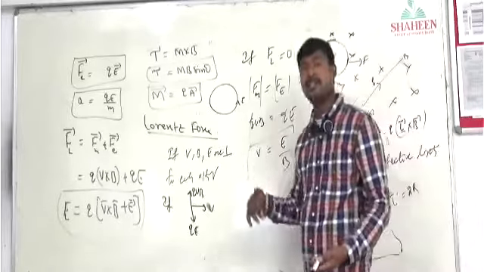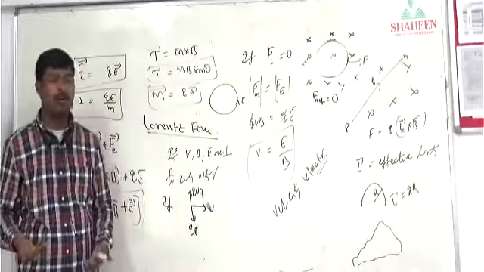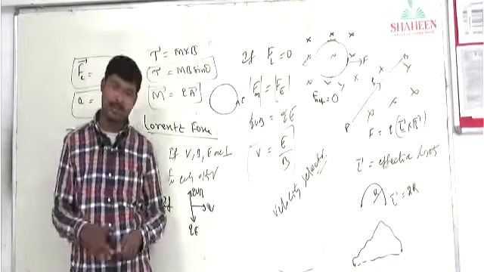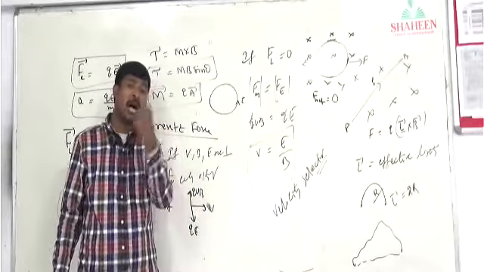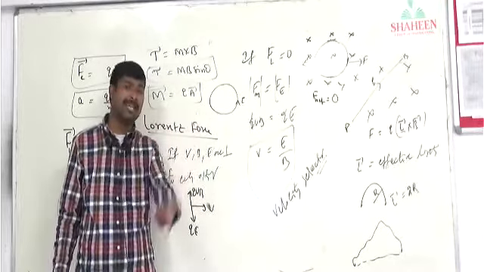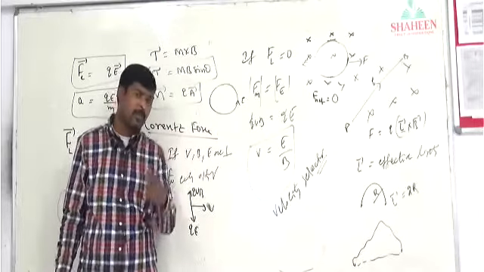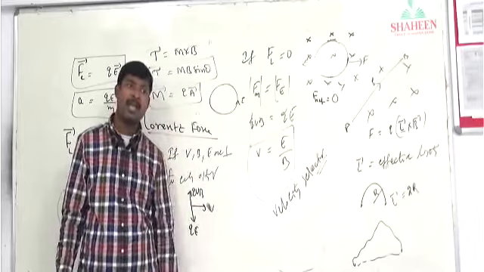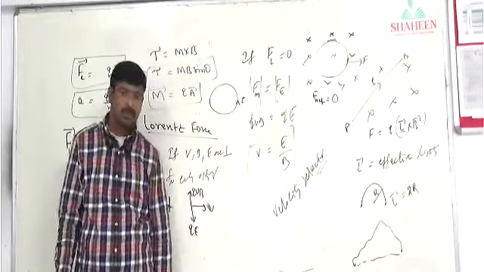It may be in the xy plane, yz plane, or xz plane. According to that, you take the direction: some questions may be k cap and minus k cap, some j cap and minus j cap, some i cap and minus i cap. You need to consider that according to the given question. Is it clear?